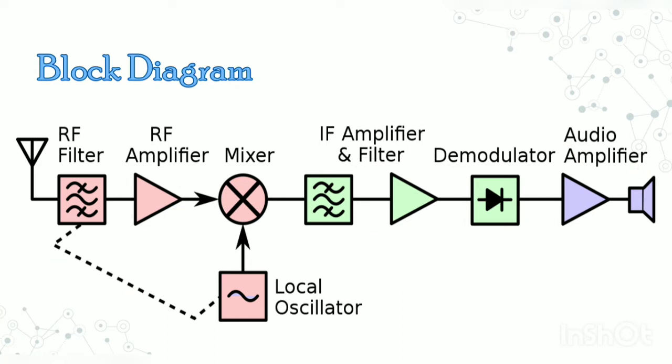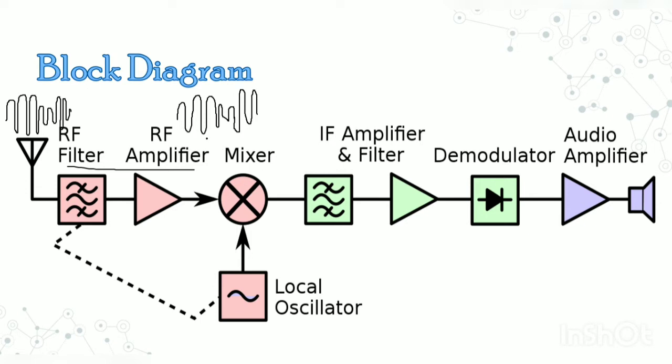Now, this antenna collects the radio signals. These radio signals then pass into the RF stage. This RF stage provides some initial selectivity so that it suppresses any frequency at the image, and the output of the RF is applied to our mixer.